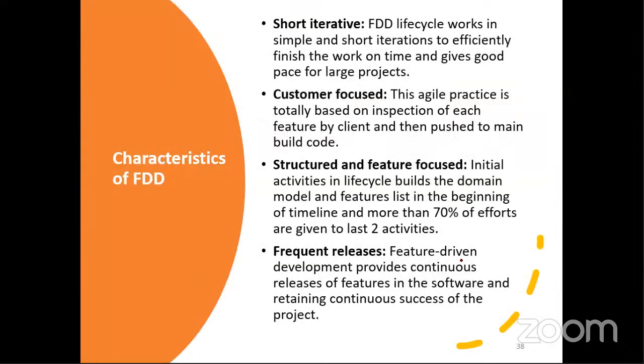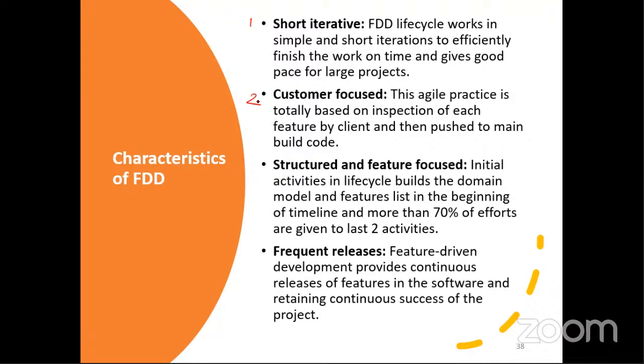What are the characteristics of FDD? Short iterative. FDD lifecycle works in simple and short iterations to effectively finish the work on time and gives a good pace for large projects. Second is focused customer.